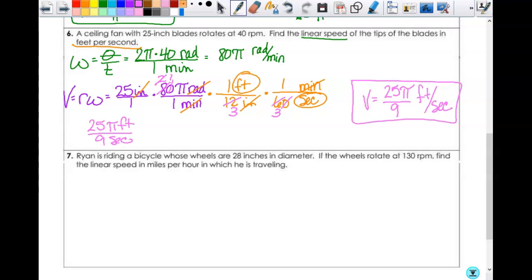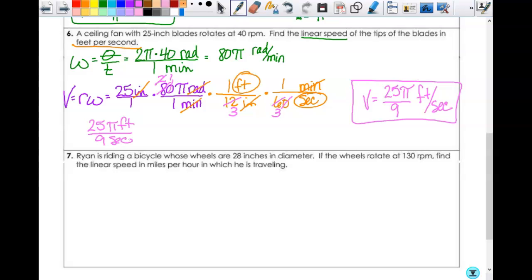No. I mean, they mean kind of the same thing, but that has the rate kind of as a separate thing. The units should always kind of be separate. Like we leave it in there to get us through everything, and this is basically what it means and how I would set it back up if I had to. But then that's 25 pi over 9, and it's feet per second. Does that make sense? That's like the proper way to do it. Good. Any other questions? All right.